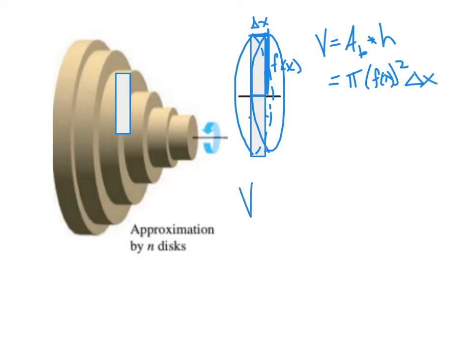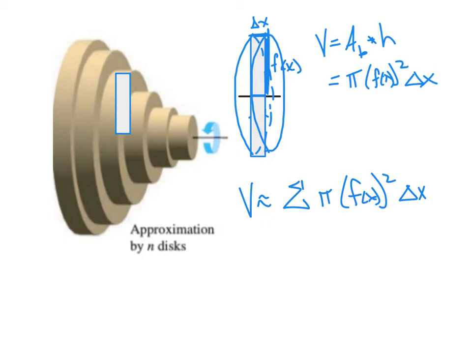From here, we can estimate the volume by adding up all of these pi f of x squared delta x's, adding up all of those individual disks all the way over the interval.